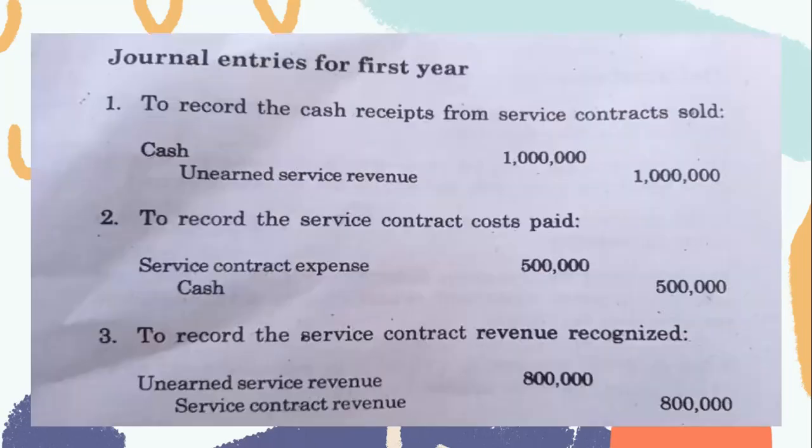Next, for the journal entry. First is to record the cash receipt from service contracts sold: debit cash 1 million, credit unearned service revenue 1 million.